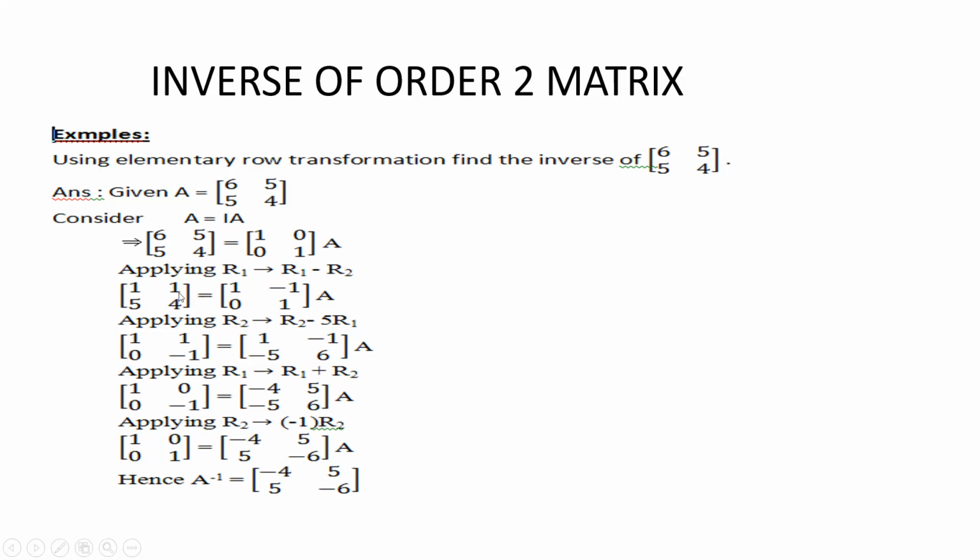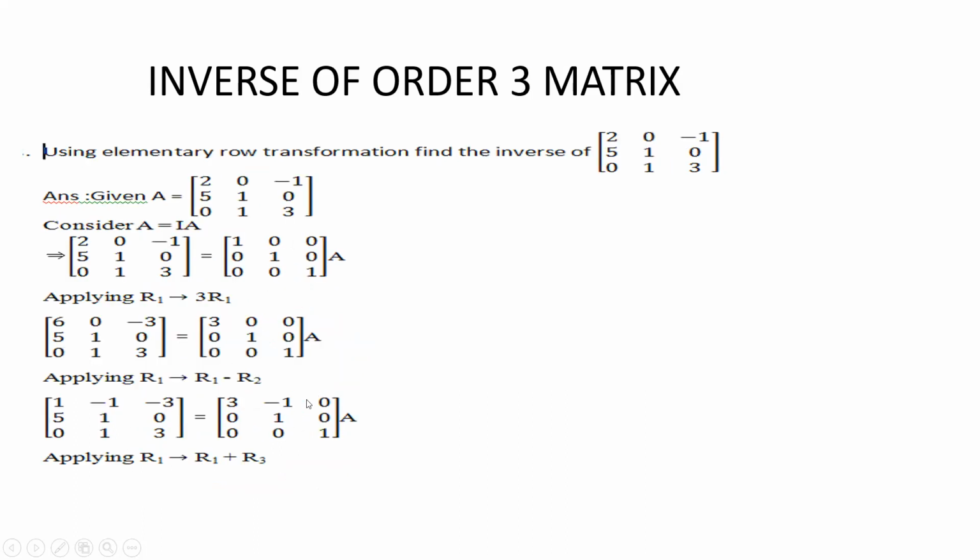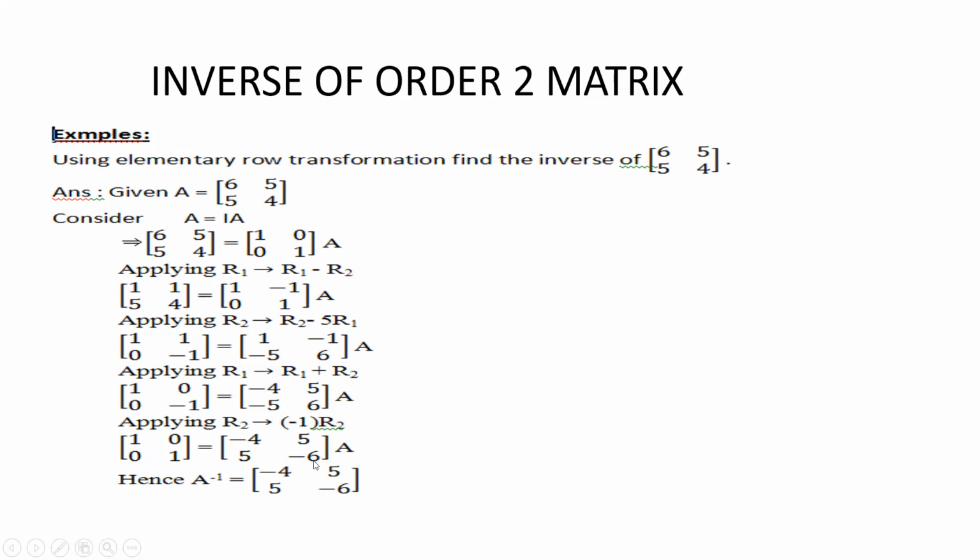How did we get this? We did the operation R1 minus R2: 6 minus 5 is 1 and 5 minus 4 is 1. That's how we get it. And in the identity matrix, 1 minus 0 is 1, and 0 minus 1 is minus 1. So we go on like this, and finally we get the result.